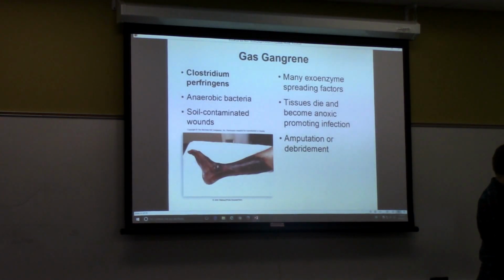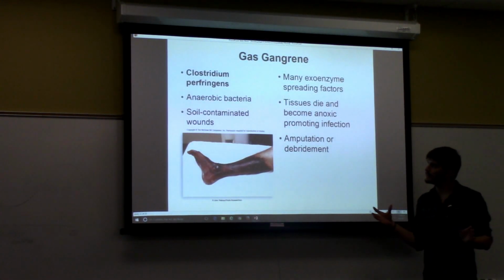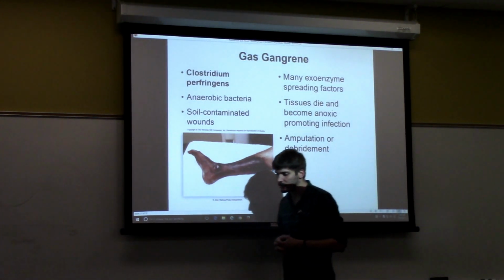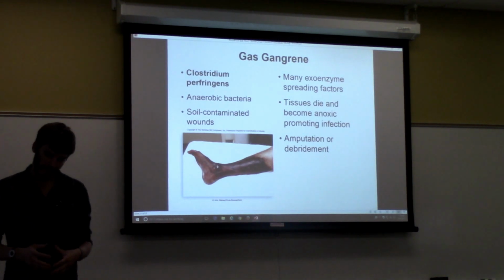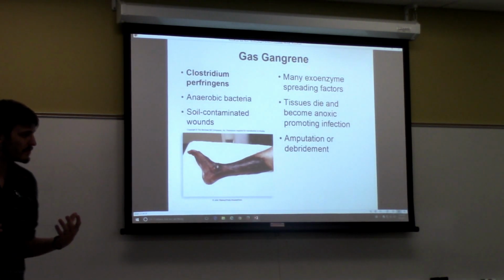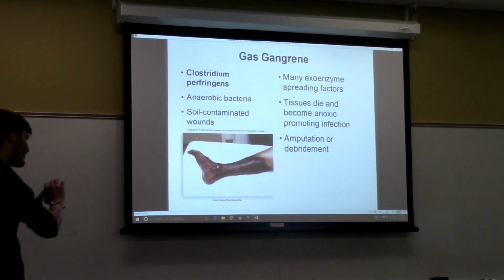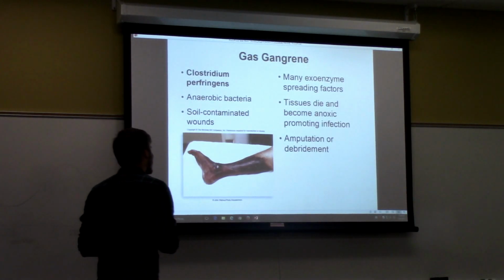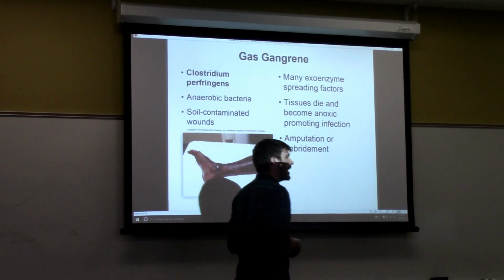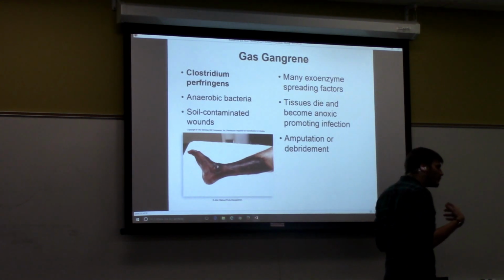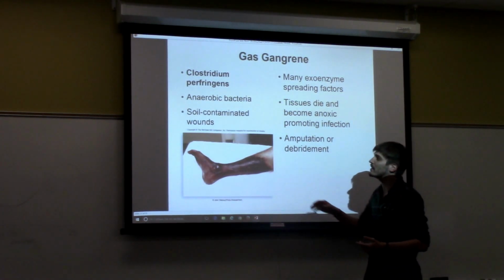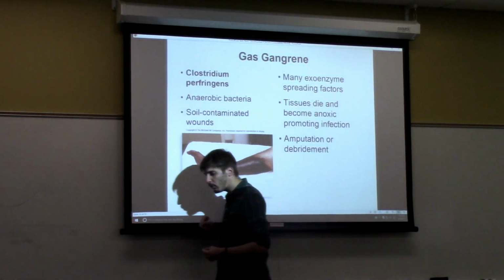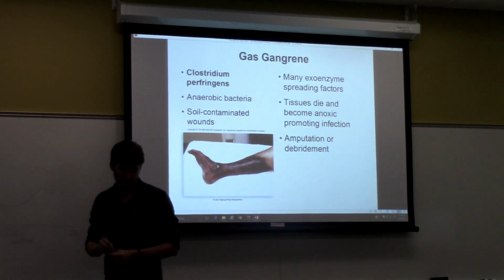All right. So one of the bigger ones that we talked about in this chapter was Clostridium perfringens, which causes gas gangrene. Remember, this is a normal organism found all over the environment. It's ubiquitous. It is anaerobic, so it can only grow in tissues that have low oxygen. So remember, this is something that you typically find in people with poor circulation, right?